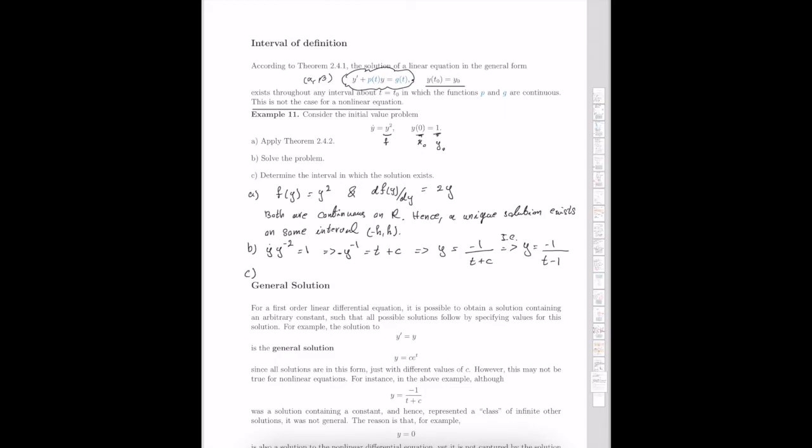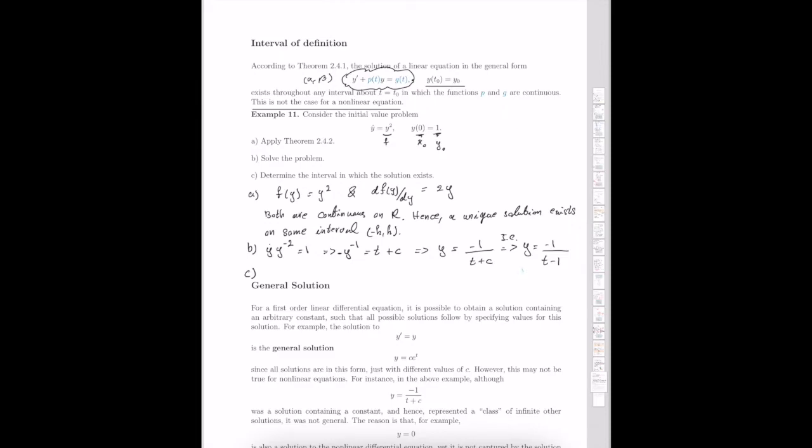Part C. Determine the interval in which the solution exists. Okay, well, I'm just going to use the definition of a solution in this case, because the theorem is not telling me much. It's just saying for some interval around minus h to h, there will be a unique solution. Well, in this case, we have a solution y equal to minus 1 divided by t minus 1.